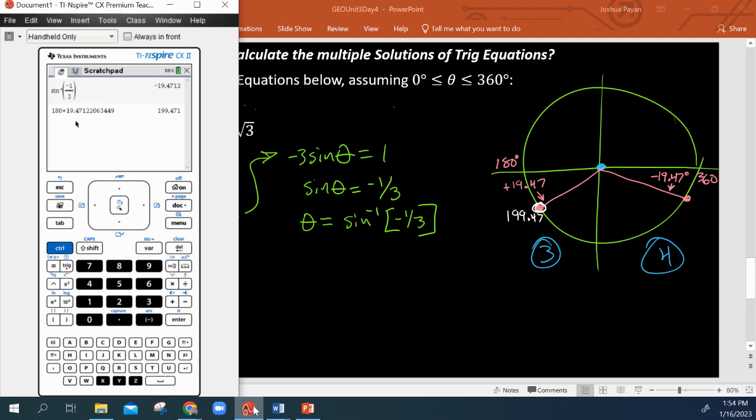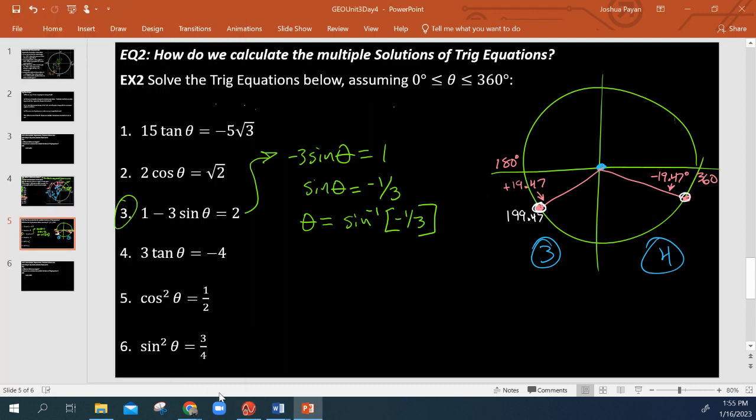Okay, and to get my quadrant 4, I'm going to do 360 minus, I'll just go ahead and change it. You guys that are real savvy with signs and everything, I'll share with you in class, but just for the sake of not messing anyone up, we're treating this as only positive 19.47.